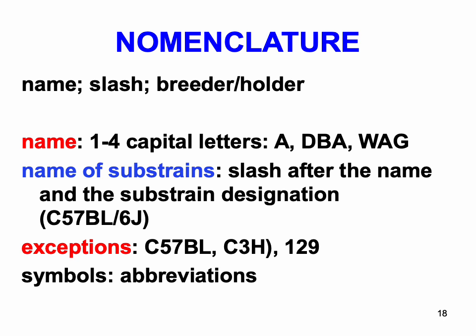We may have some exceptions because they are old conventional names, like C57BL, which is not only capital letters, or C3H, or with numbers 1 to 9. Symbols or synonym abbreviations can be given.